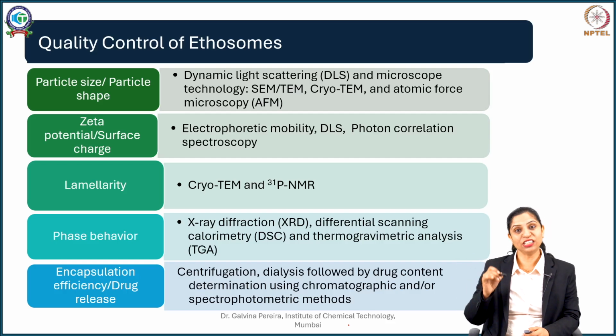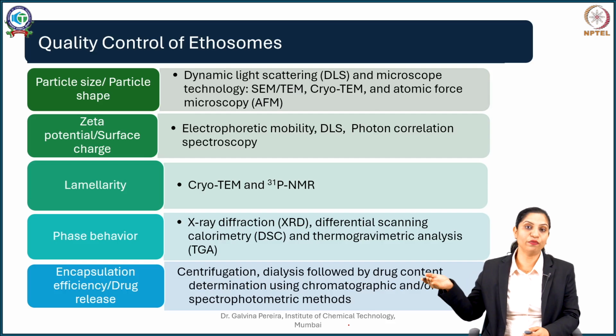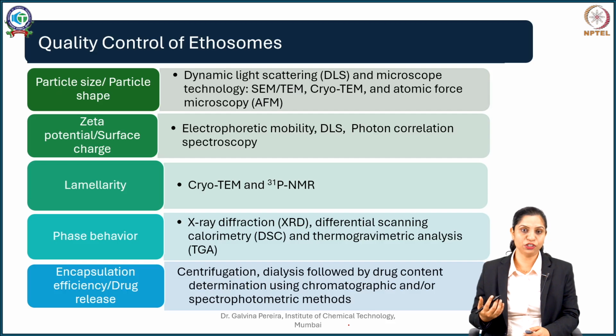You could do differential scanning calorimetry, where you see an exotherm or endotherm, whether it absorbs or emits heat, which is then captured. Or you could do thermogravimetric analysis, which will see the difference in weight at different temperatures, gradually increasing the temperature. Not only that, an important criterion is encapsulation efficiency.